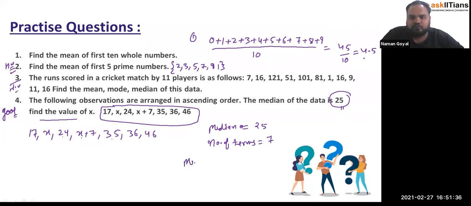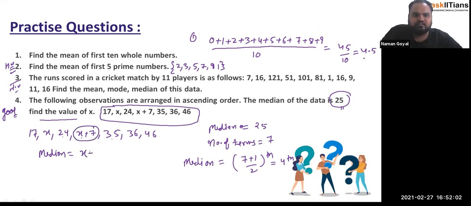If number of terms is odd, so the median is the n plus 1 divided by 2th term. So 7 plus 1 divided by 2 means 4th term is the median. Means 1, 2, 3, 4. This one is the median. x plus 7 is the median.